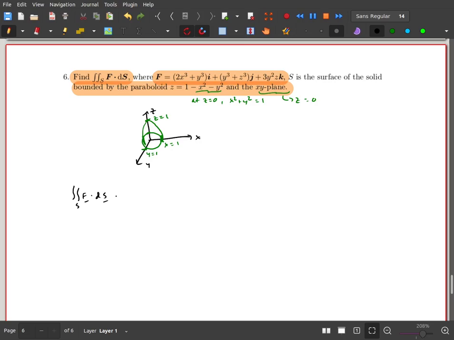In this case, we have a surface. So there are two theorems that involve a surface. We have Stokes' theorem that relates a surface to a line integral, and the divergence theorem that relates a surface integral to a volume integral.